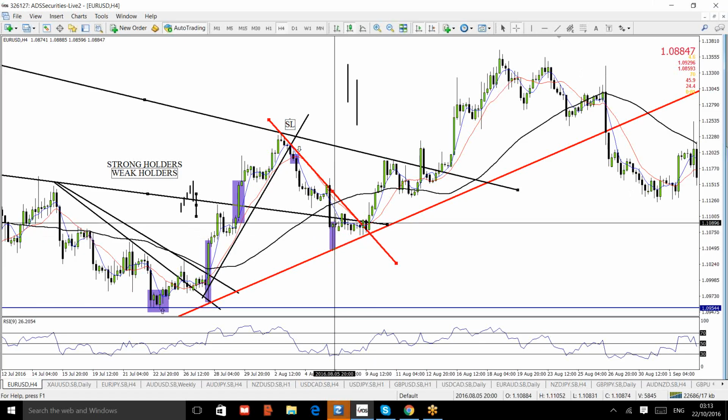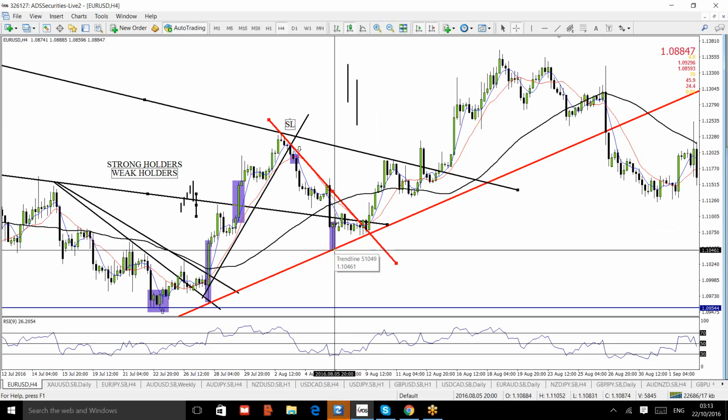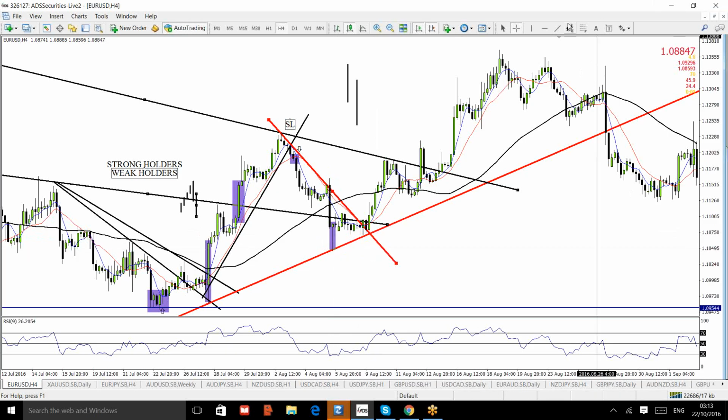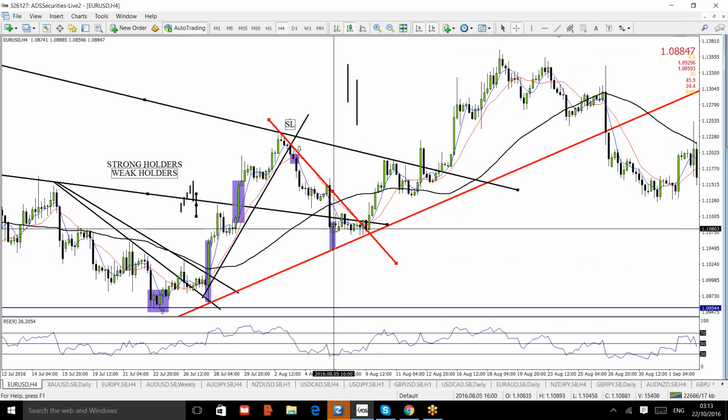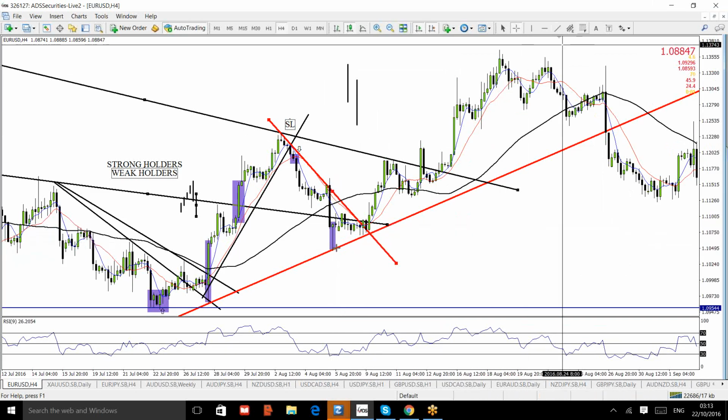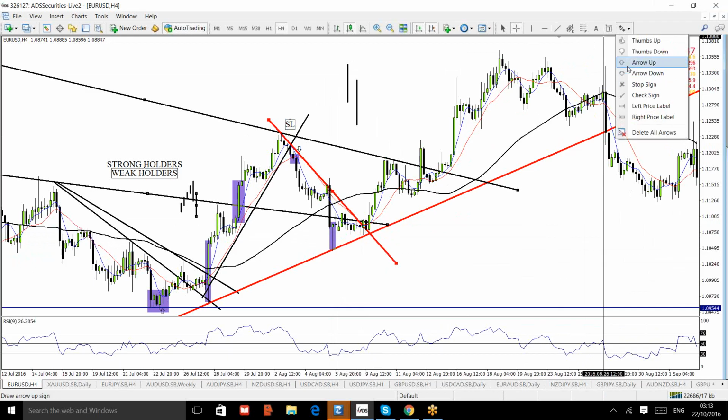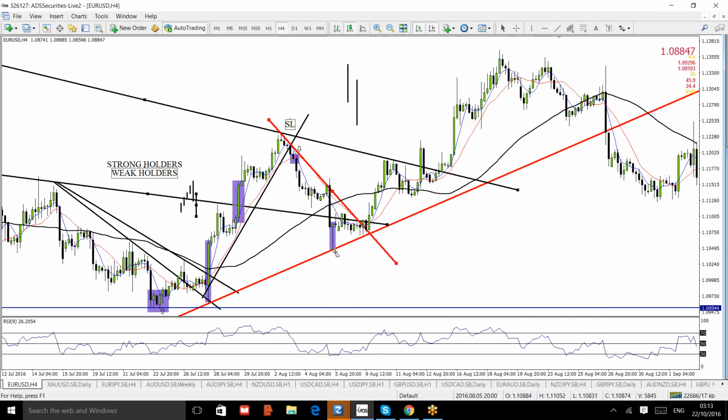Now, guys, price here. This candle, what is this? Strong rejection, right? That's your next entry. All the candles which I've marked like this can be your entries, guys.